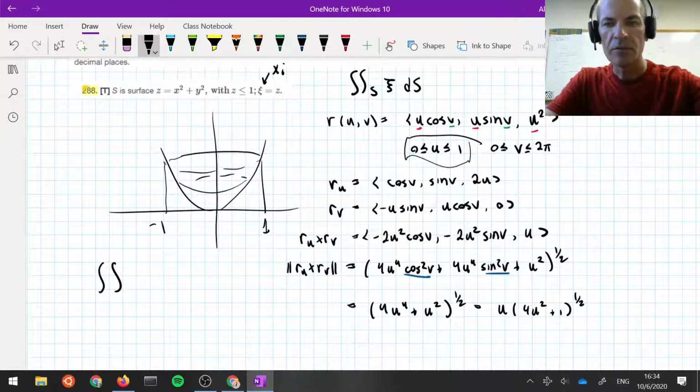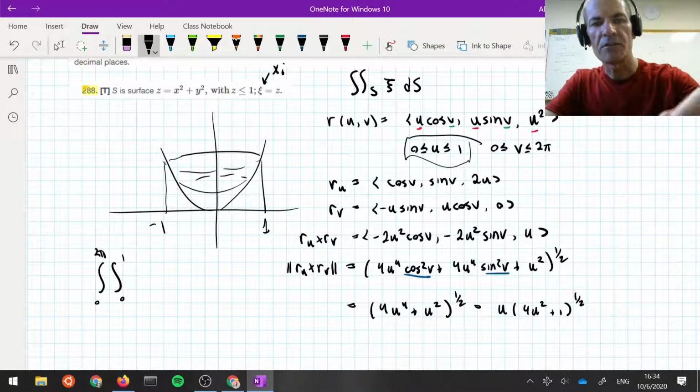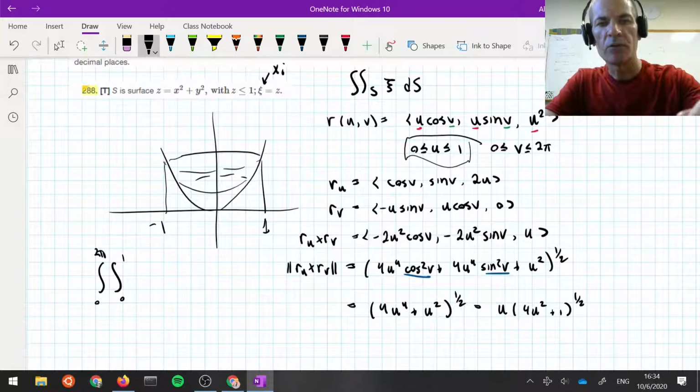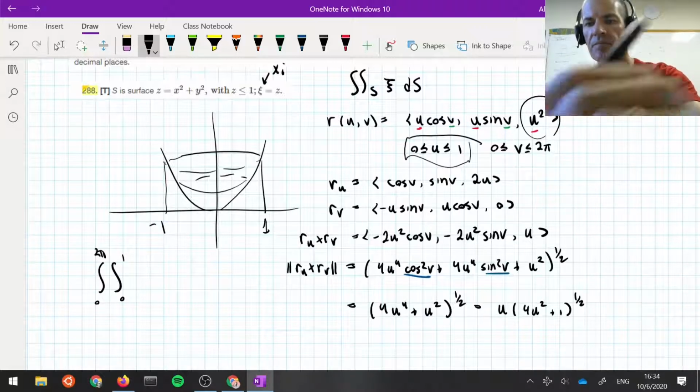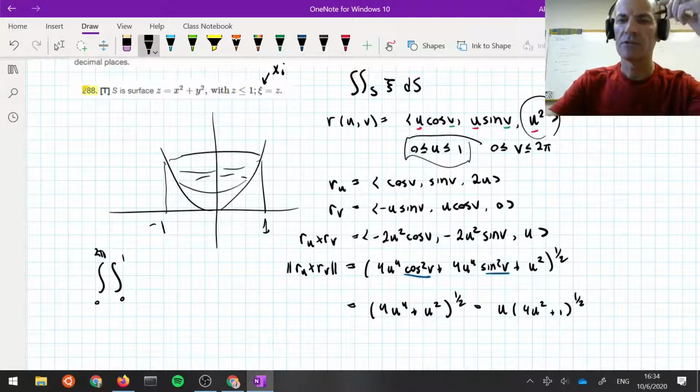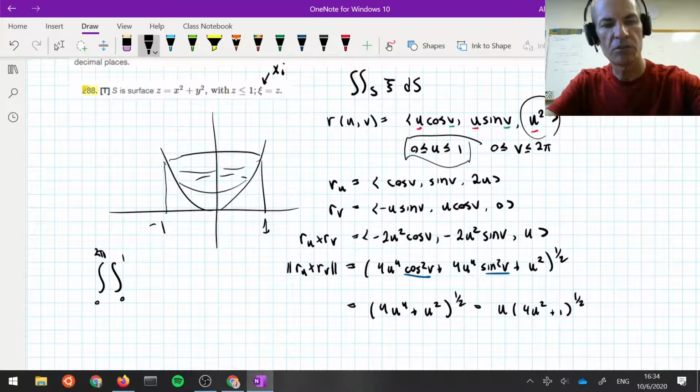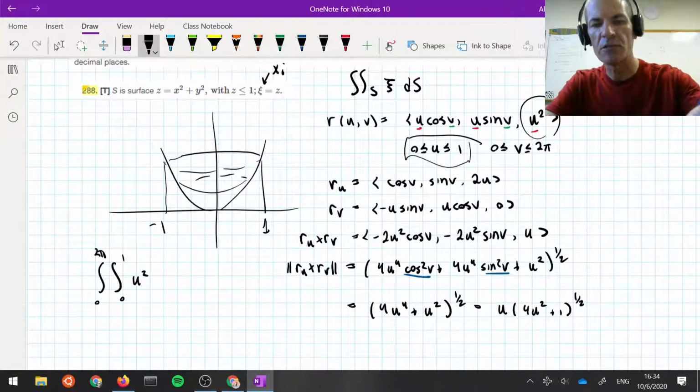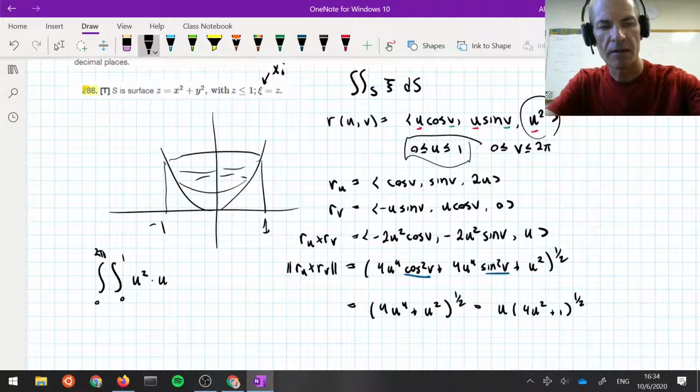The integral, let's do u first, 0 to 1, and then v, 0 to 2 pi. The integrand is z, and we want to evaluate it along the surface. So in this case, z is equal to u squared, so we get u squared, and then times the magnitude of ru cross rv, so that's another factor of u, and then the square root of 4u squared plus 1, and then du dv.